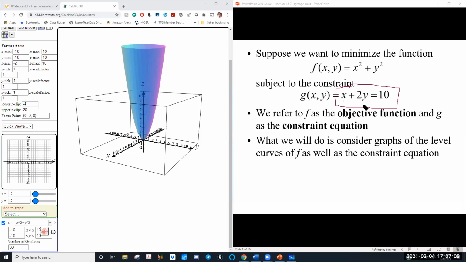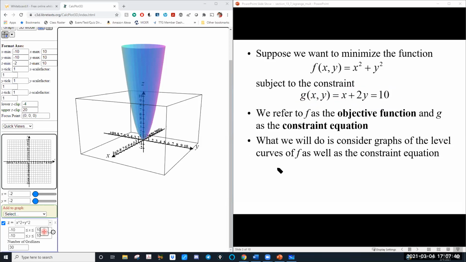It involves our two variables, but it's written as an equation instead of as a function. Now, I'm calling it g of x, y because of the way we set up our Lagrange multipliers, but typically you wouldn't see this. You would just see optimize f of x, y equals x squared plus y squared subject to x plus 2y equals 10. So your constraint will typically be an equation, whereas what we're trying to optimize is a function.